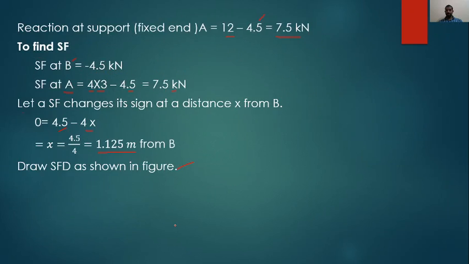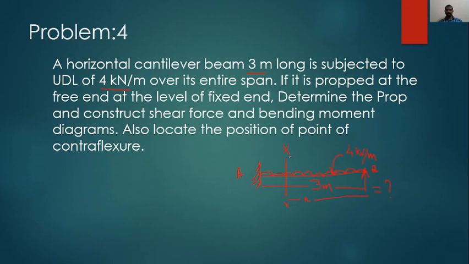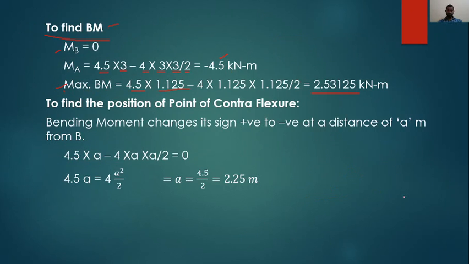Let us say at the same section, let us calculate the bending moment. That means prop reaction multiplied by x minus 4 into x by 2. So 4.5 into a minus 4 into a into a by 2 is equal to 0. From this you can calculate a as 2.25 meters.